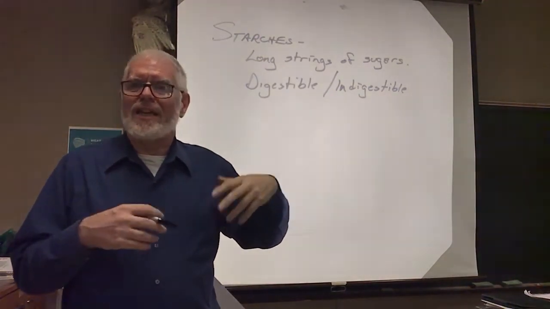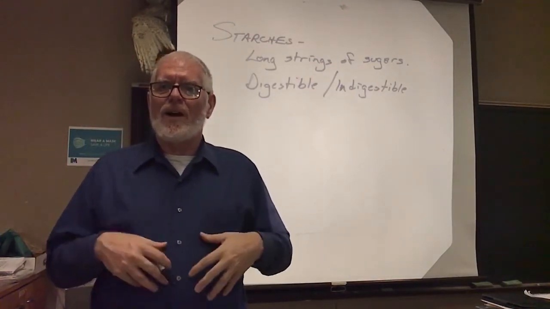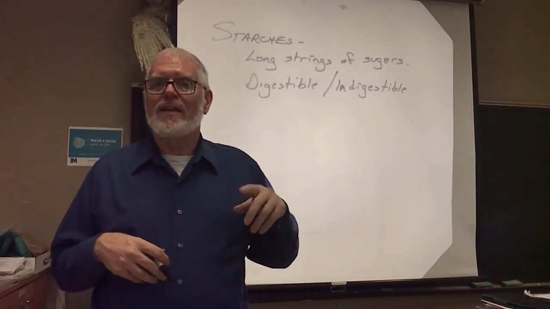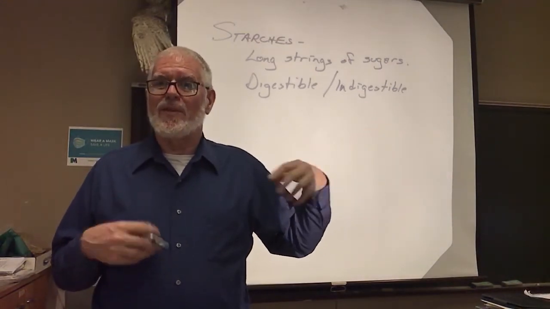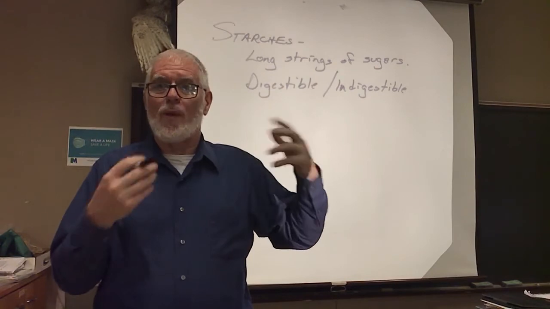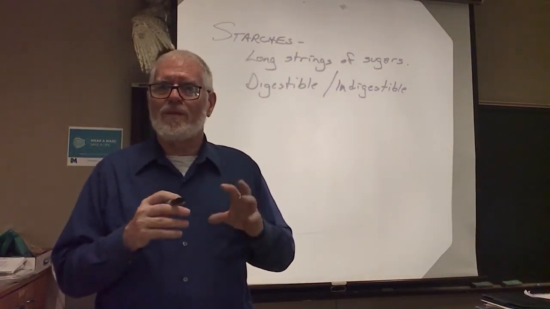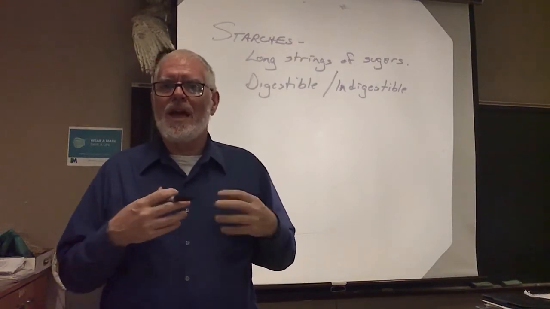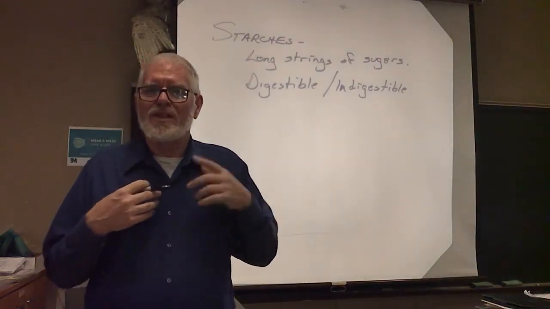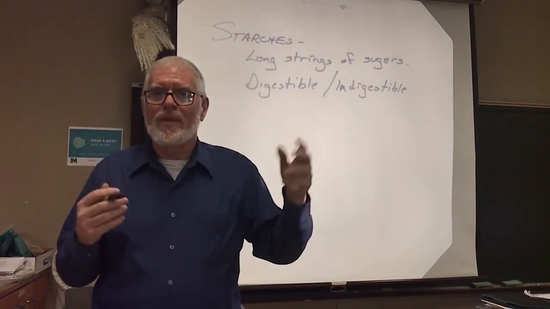Other animals that can eat grass or chew bark off of trees have a whole population of bacteria that make this stuff digestible. Almost no animals can digest plant starch directly with their own chemistry. They almost all have these chambers full of buddy bacteria that do it for them. We don't have that. We're stuck with starches that are fairly easy to break down. Now, why are they easy to break down?